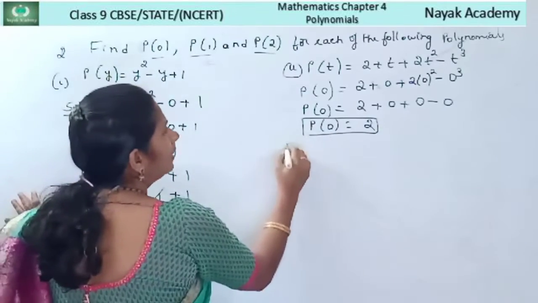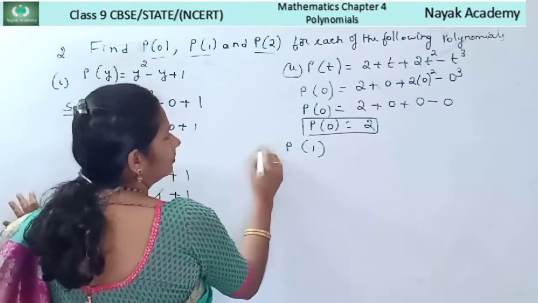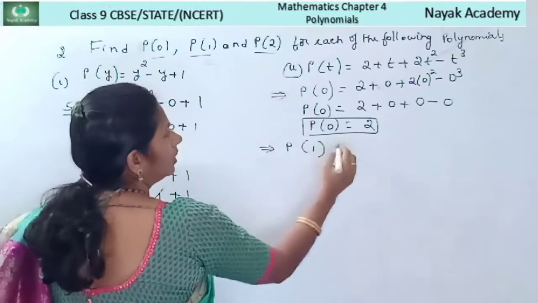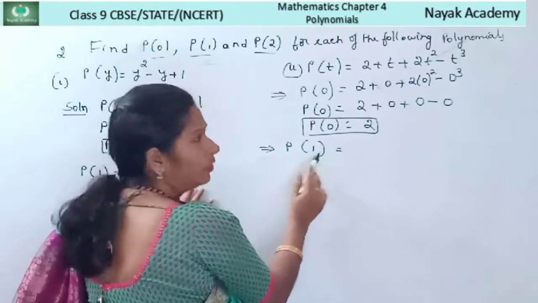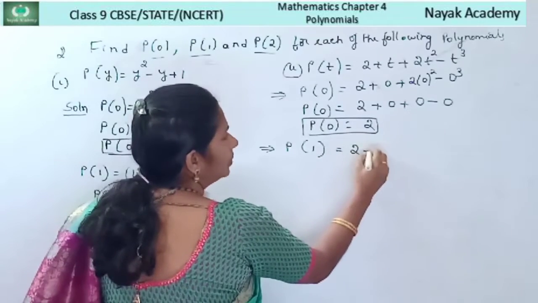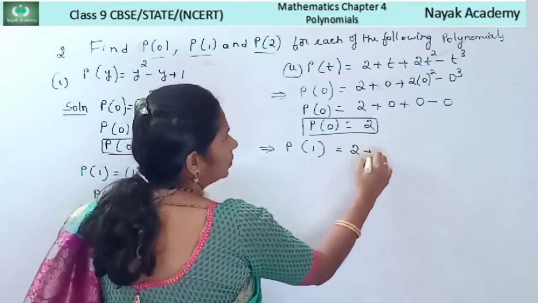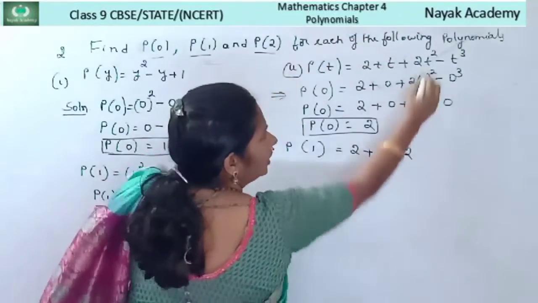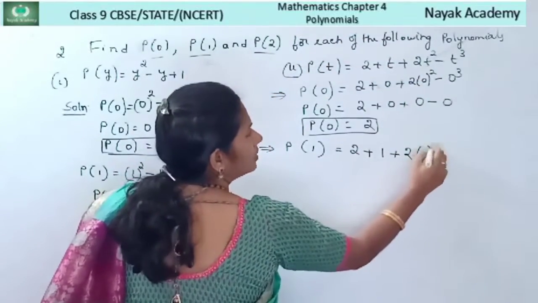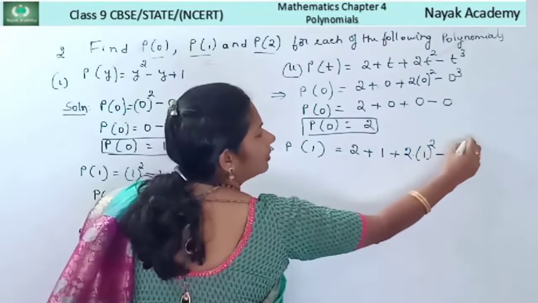Now we have to find the value of p of 1. In place of t, which value do you have to substitute, children? 1. So let us substitute the value as 1: 2 plus 1 plus 2 into 1 square minus 1 cube.